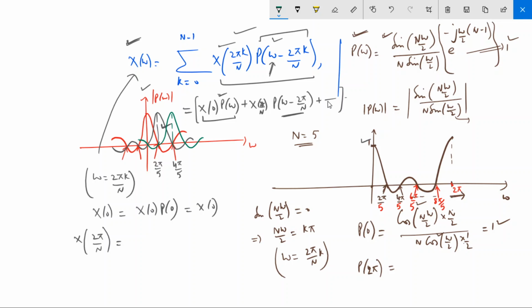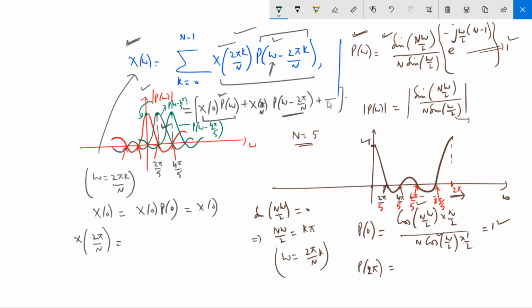This is the original spectrum p of omega. This one is p of omega minus 2 pi by 5. This is p of omega minus 4 pi by 5. So as a result, when you sample at 0, then at 2 pi by 5, only one of these pulses will have a non-zero value, and that will be 1.